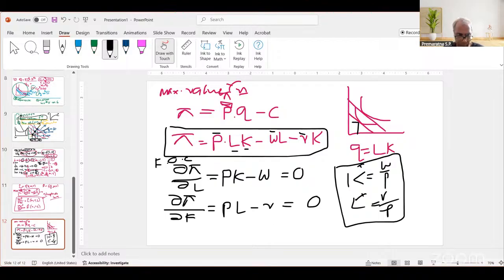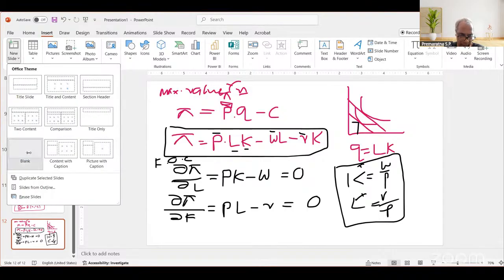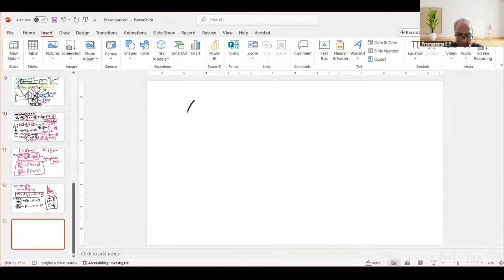When you take this input demand function and plug into the profit equation, you can get the maximum value profit function.